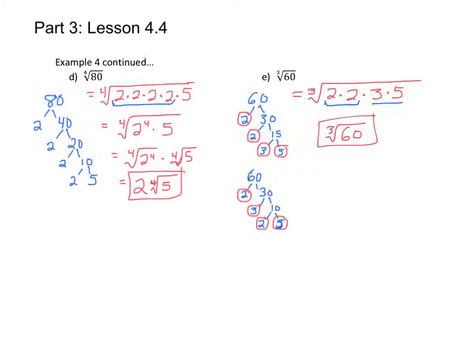If we were taking the square root of 60, we would have an equal group of 2, which we would be able to simplify a little bit, but it's just the cubed root.